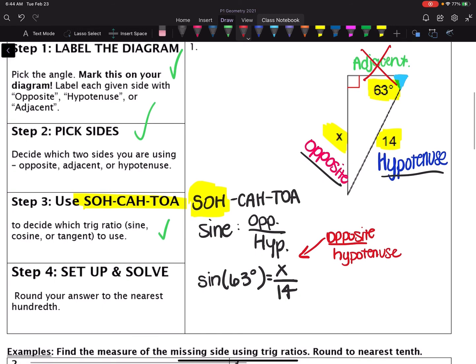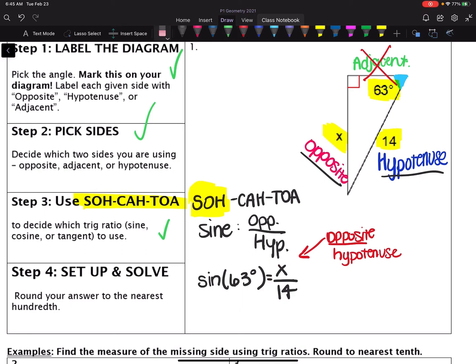In our last step, we are solving for x. So just like we would if we had a regular one-step equation, we're going to solve for x or get x alone on the right-hand side of the equal sign the same way that we've done before. So if I'm looking at the right side, I've got a fraction x divided by 14.